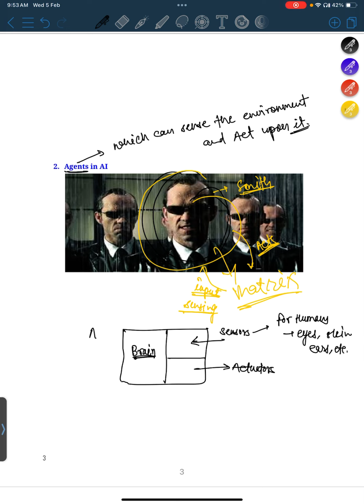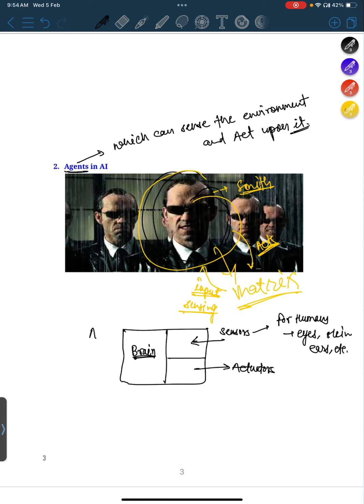From eyes we can see how the surroundings look. From ears we can hear if someone is speaking to us. From skin we can sense the temperature, whether it's cold or hot. And based on whatever input we are receiving, we can take the appropriate decisions.